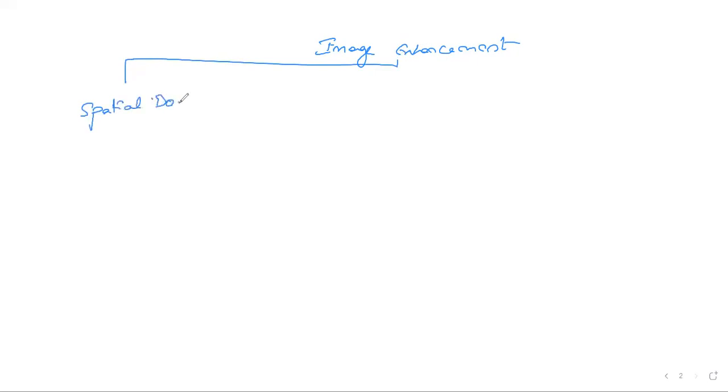So generally, how can we perform image enhancement? Image enhancement is mainly done in two domains. First one is spatial domain. Second one is frequency domain.